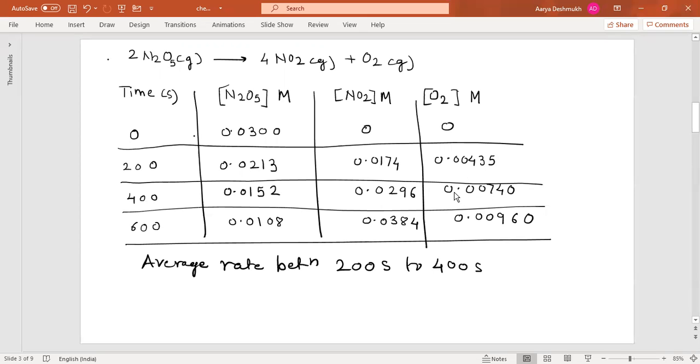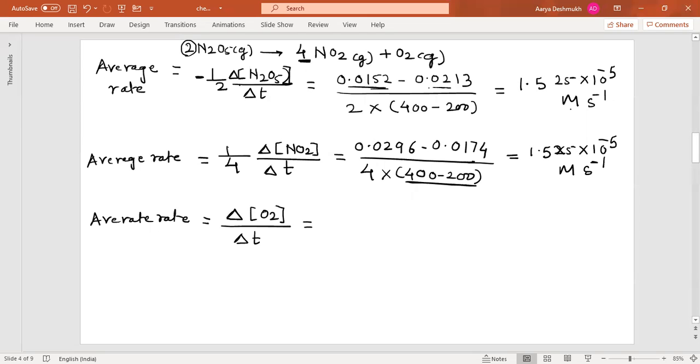So subtract this concentration from this: 0.0740 minus 0.0435 divided by 400 minus 200.